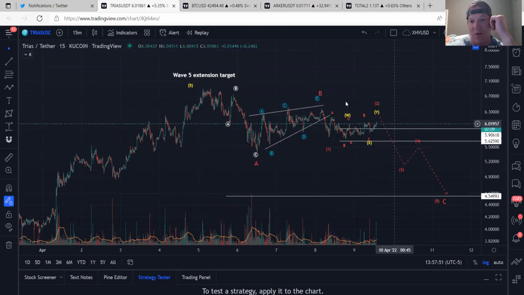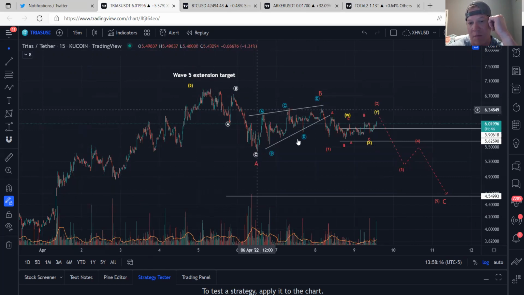So when I say this is a corrective structure regardless, basically what I mean is in Elliott wave theory, you have impulses, motive waves that go in the direction of the trend, which are waves 1, 3, and 5. And then you have corrections which go against the trend, which typically move in 3 wave structures, which are waves 2 and 4.